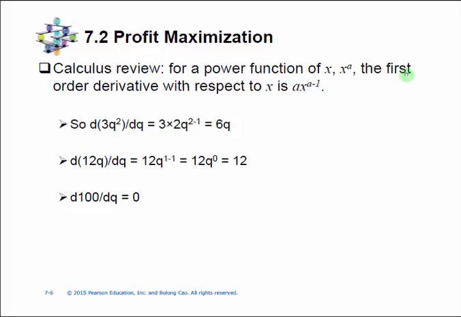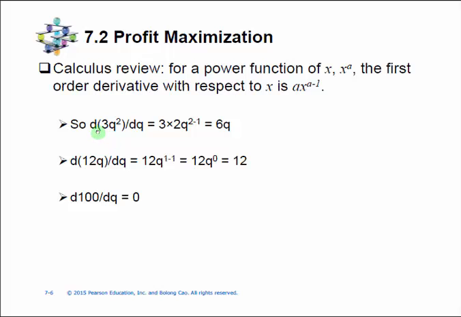If you have learned calculus before, the first order derivative with respect to x is a, the power, times x to the a minus 1 power, right? So basically you carry the power down in front of x as a coefficient, and then the power on x drops by 1. Let's look at some examples.